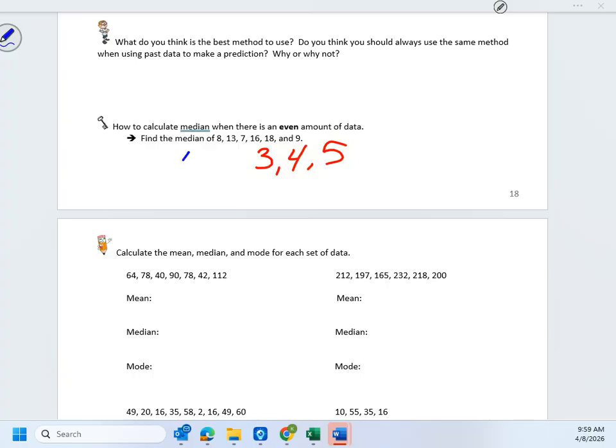Because if we're crossing off, we can still cross off. So we will never end up with 3 numbers in the middle. It'll either be 1 or 2. If there are 3, you gotta keep crossing off, okay? So always crossing off until you can't cross off anymore. That was a great question.